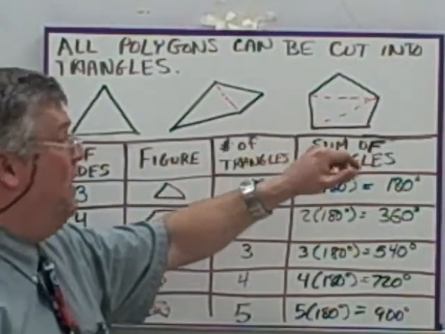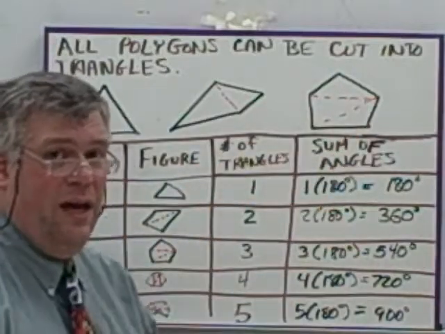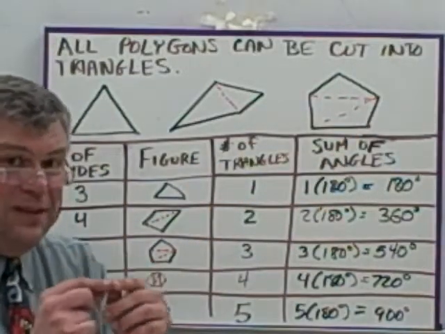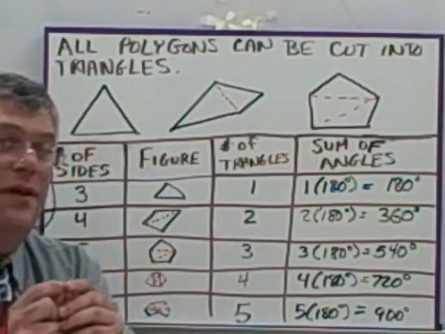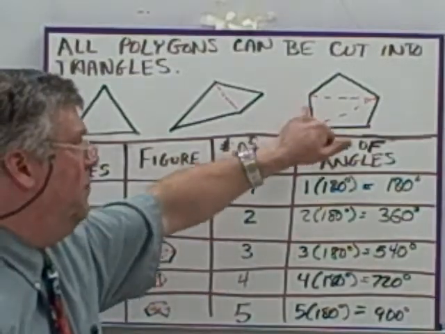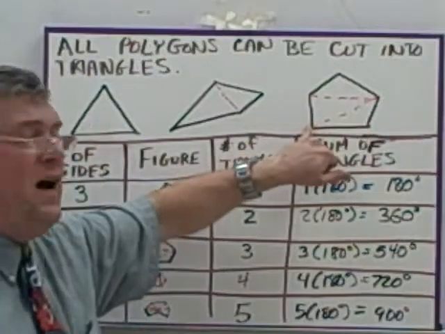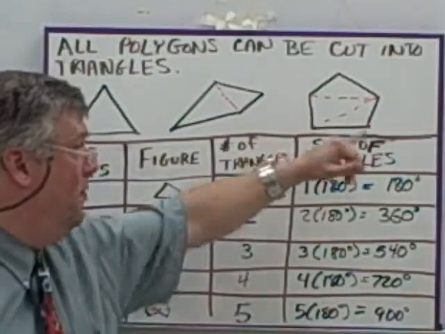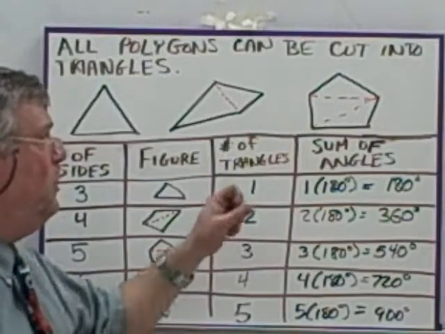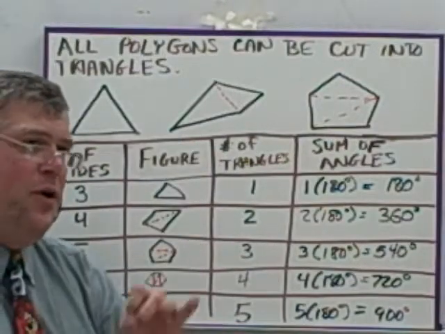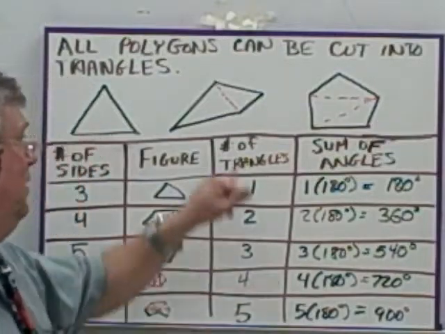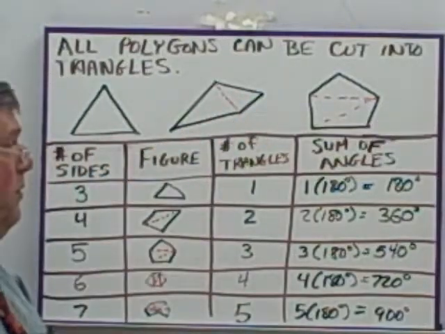A 5-sided figure can be cut into 3 triangles. Yes, you could actually cut them up into millions and millions of little tiny itty-bitty triangles. But we're talking about cutting them up based on triangles that have the same vertices as the vertices of the shape itself. And we're looking for the minimum number of triangles you can make using the vertices there. The minimum you can make here is 2.